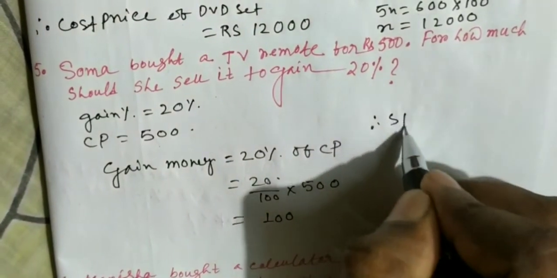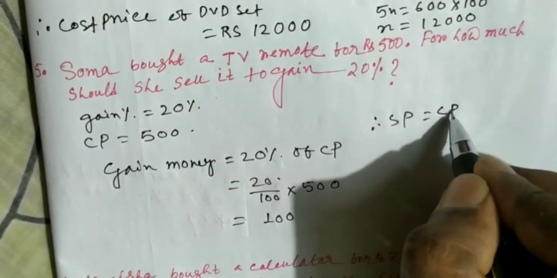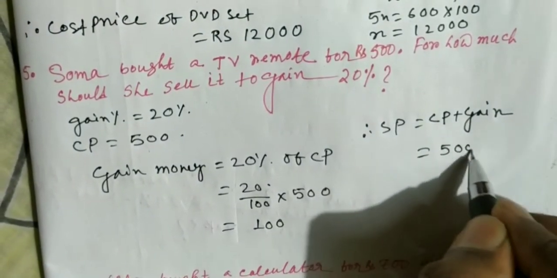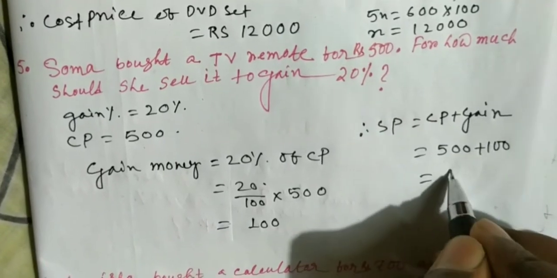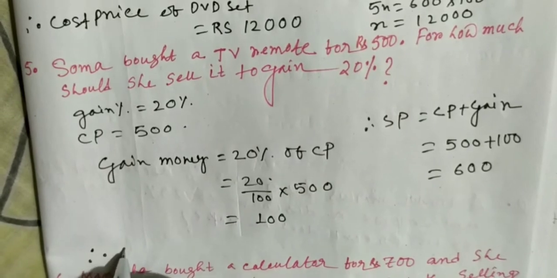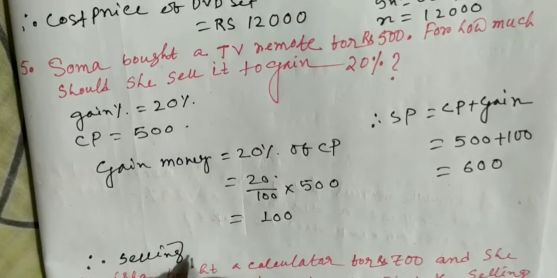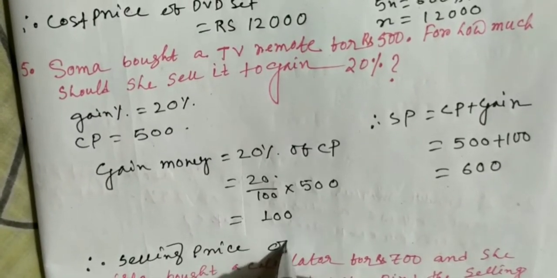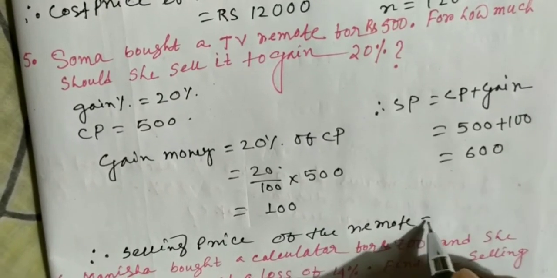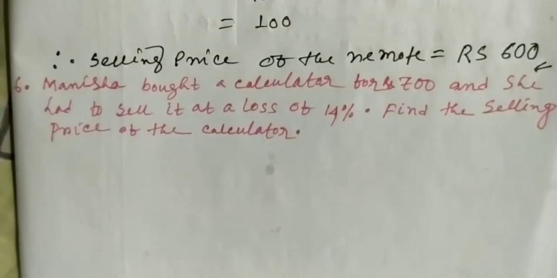Therefore, SP is equal to 600, so the selling price of the remote is rupees 600. This is the answer.